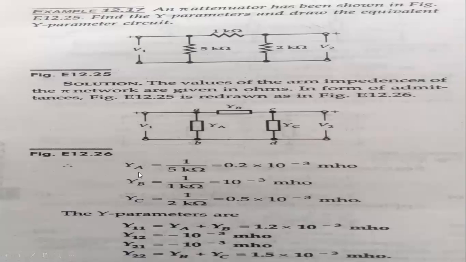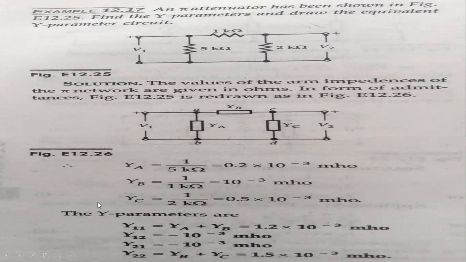See here, YA is nothing but 1 by 5K. YB is nothing but 1 by 1, and YC is nothing but 1 by 2. Likewise, you can easily find YA, YB, and YC because Y is equal to 1 by Z. How did we get all these things? 1 by Z1, 1 by Z2, 1 by Z3.